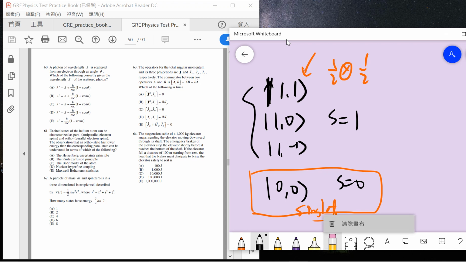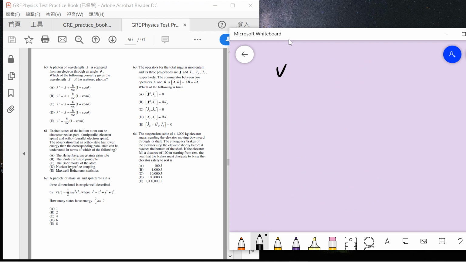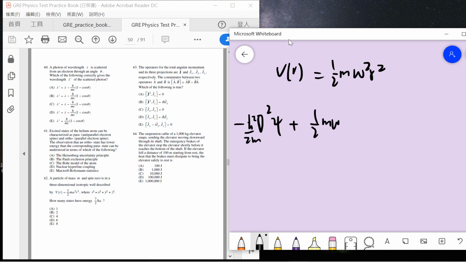Okay, 62. He asks about the potential V of r and asks you how many states there are of energy 7/2 h bar omega. Basically, you can see that this is just the 3-dimensional harmonic oscillator.